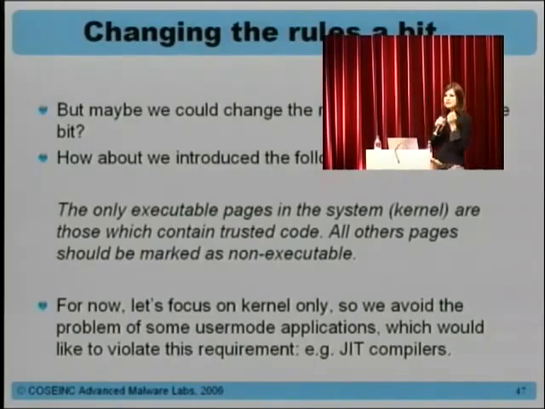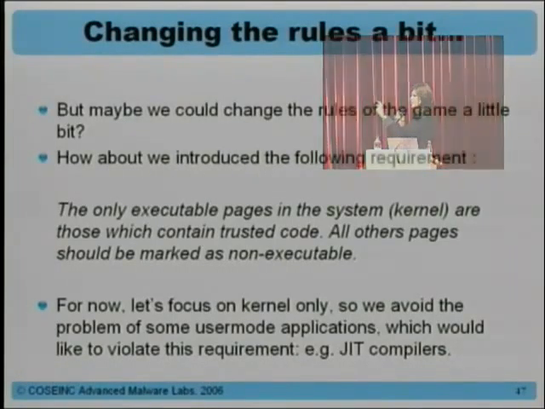So instead, we want to make it possible to verify all the code in the kernel. So if somebody modified some function pointer to point to some code which does malicious things, we could find out that this is code which is not signed with our trusted certificate.